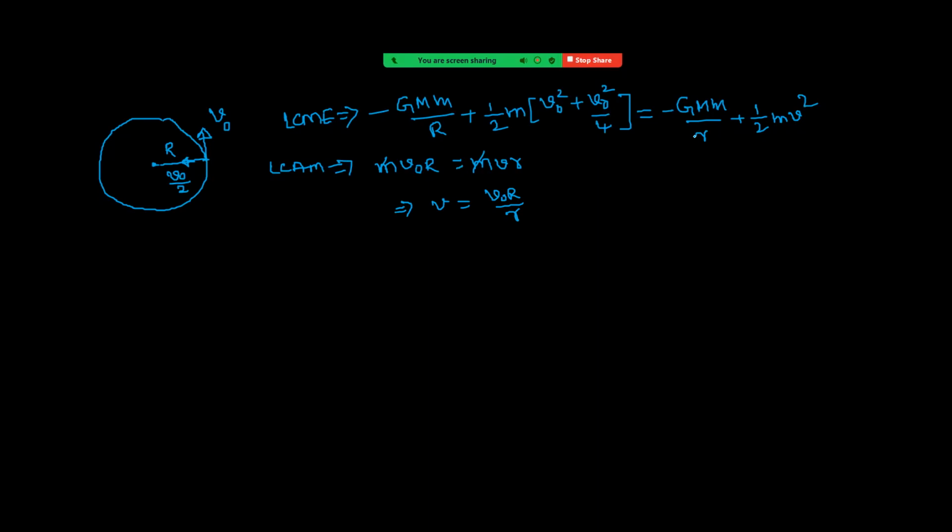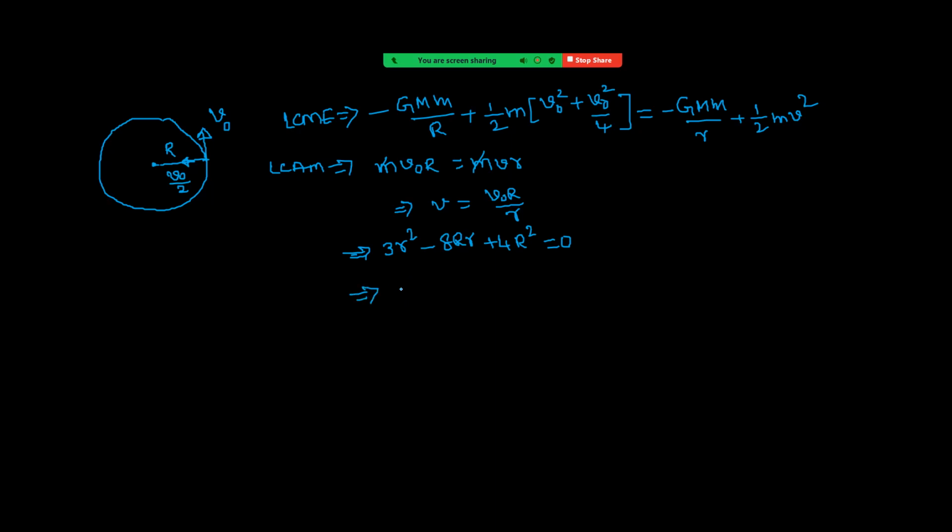It comes out to be quadratic, and after simplifying we get 3r square minus 8Rr plus 4R square equal to 0.